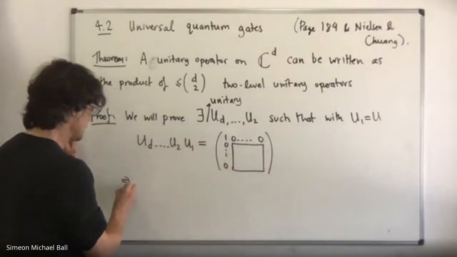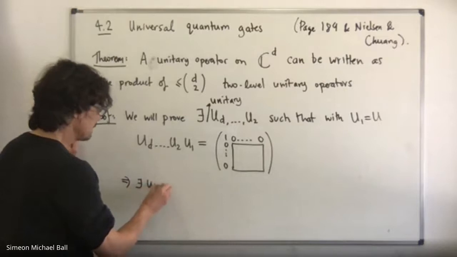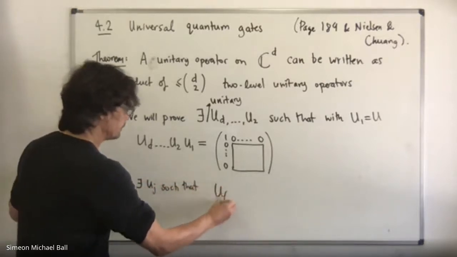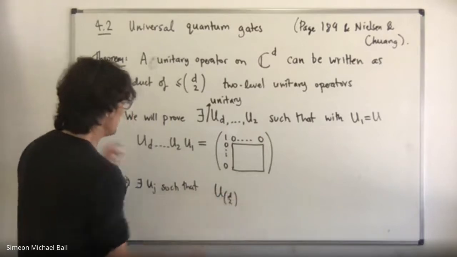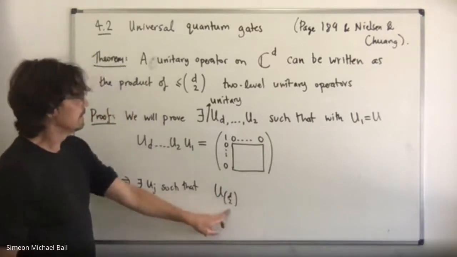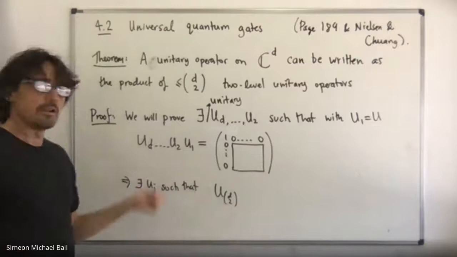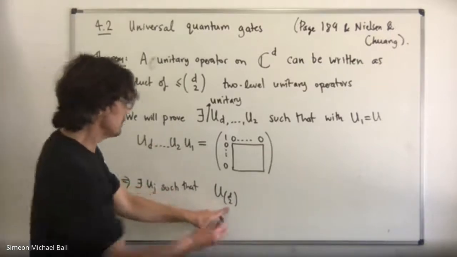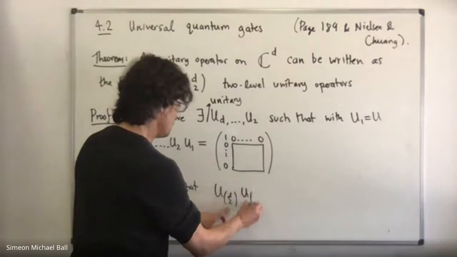This implies that there are such Uj. So this will be d plus d minus 1 plus d minus 2 plus d minus 3, and so on, and I don't have to tell you that d choose 2.